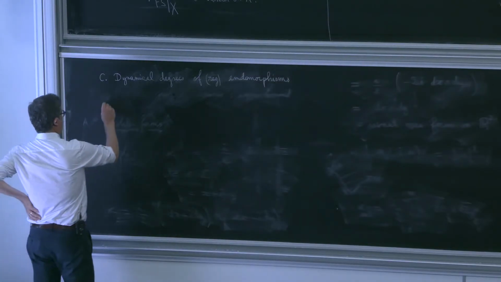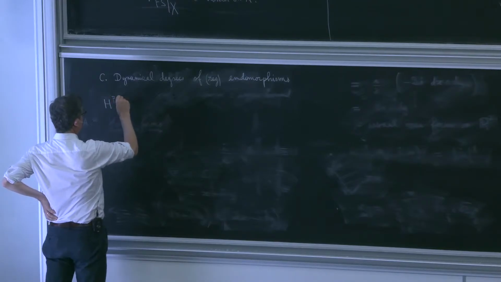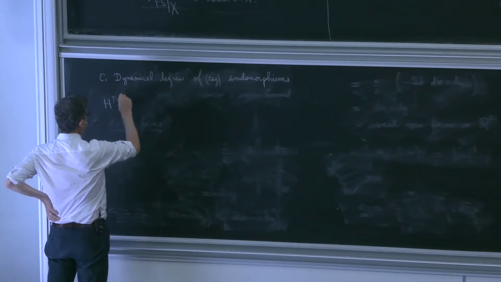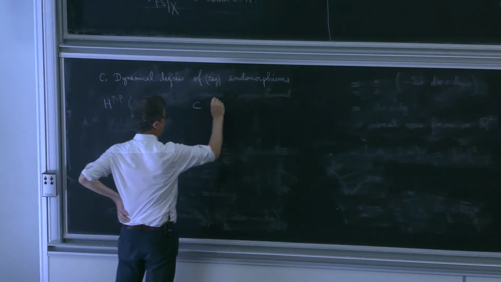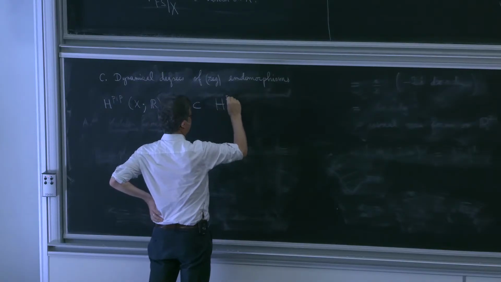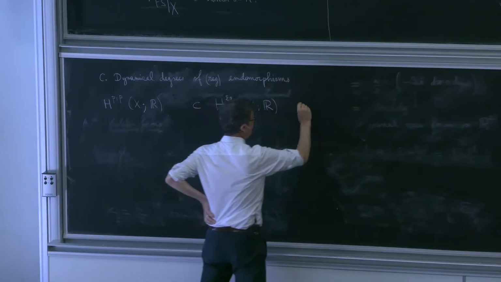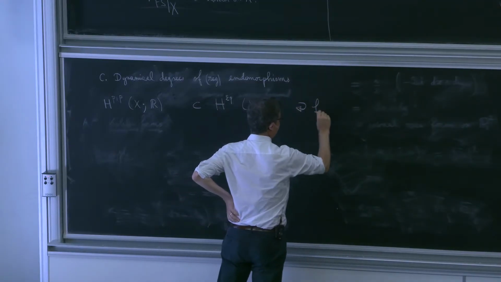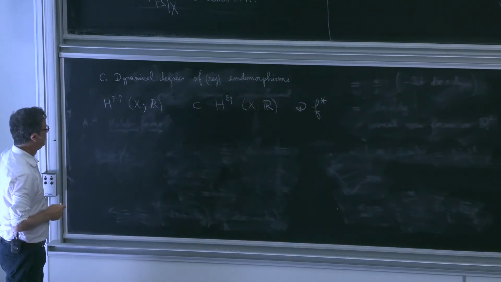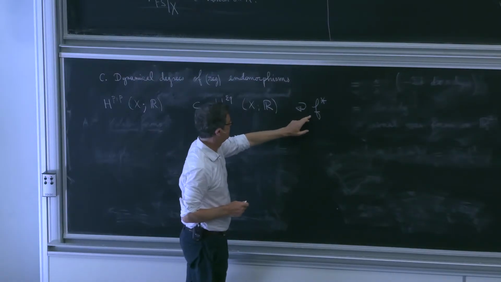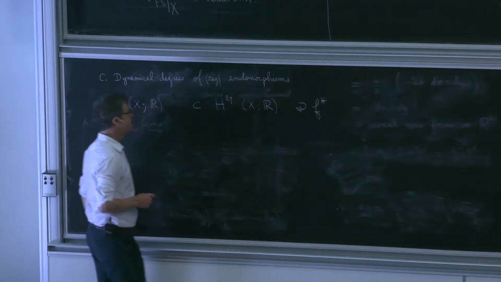Let me recall that we have these groups H^{p,p}(X) with real coefficients, which is part of the cohomology group of degree 2p. Now if I start with an endomorphism f, I have an action of f star on this group. If I want to remind us that this action is at the level of the H^{p,p} group, I might write an index p here.